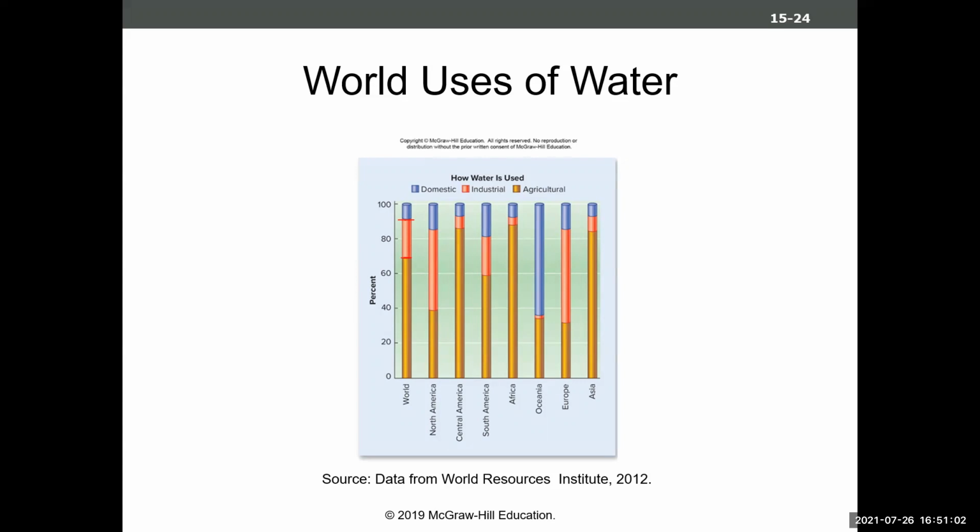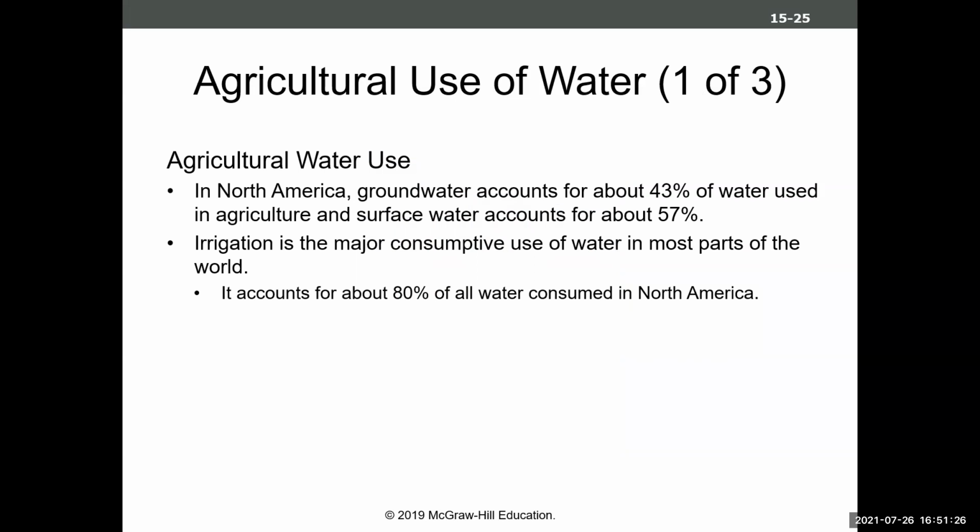Whereas in other parts of the world, those numbers are going to fluctuate. North America uses a much larger proportion for industry than most other countries except for Europe. We've already finished discussing domestic water use. Now we're going to look at agricultural water use.